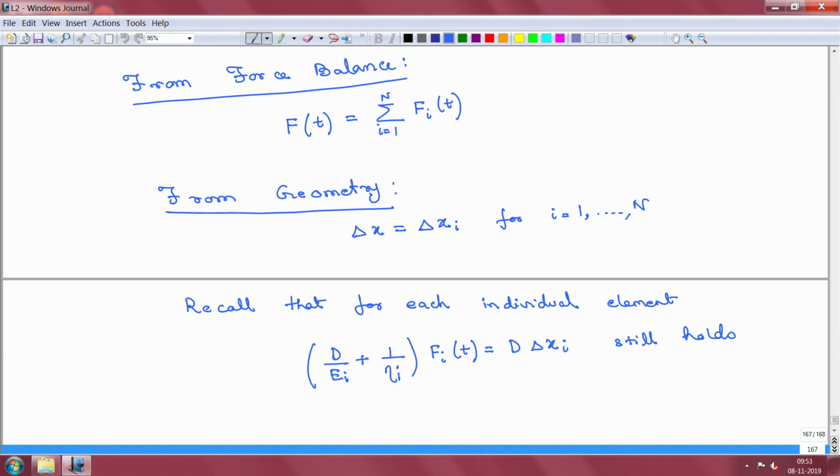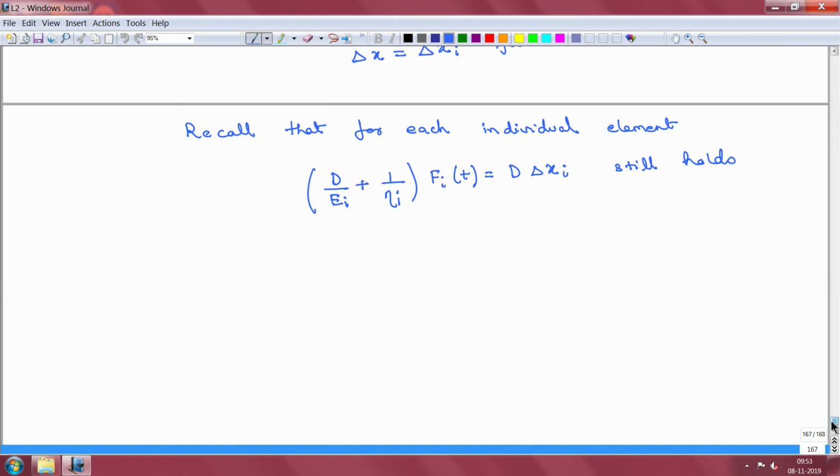And for each of the individual elements, the original equation that we had derived still holds, given that you are using the right force in this particular equation and the corresponding deformation in the body.